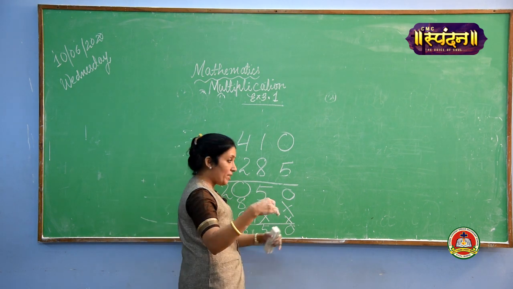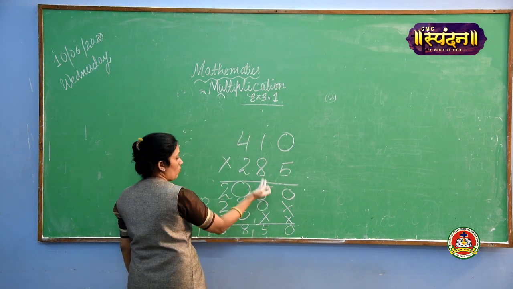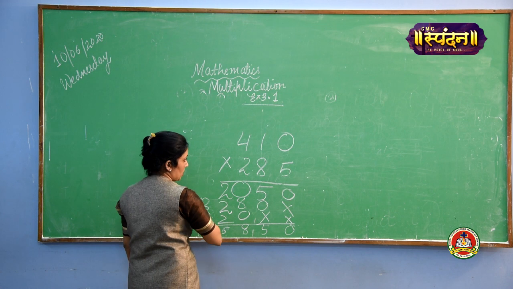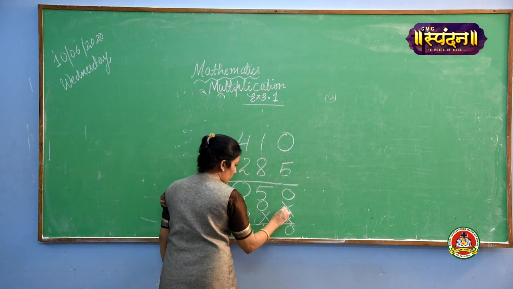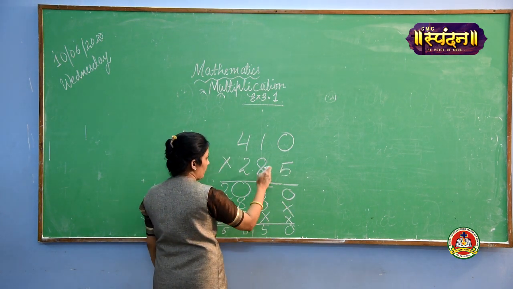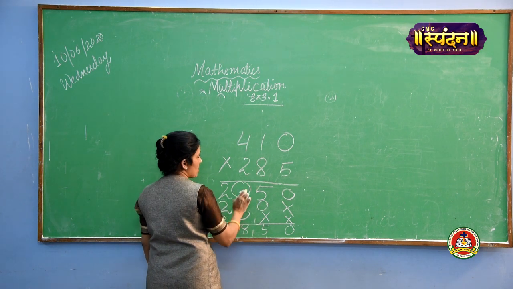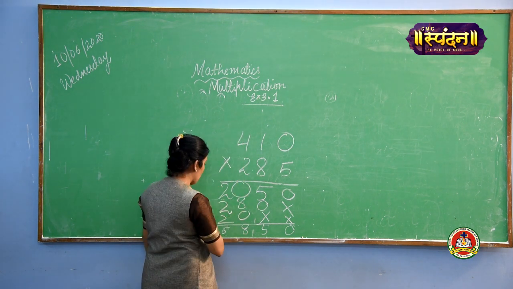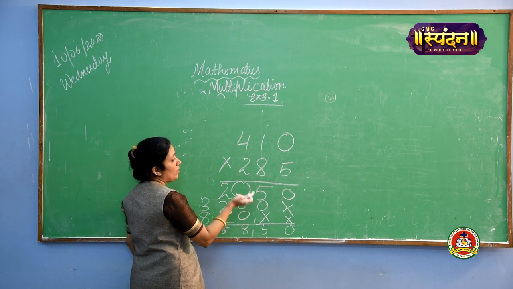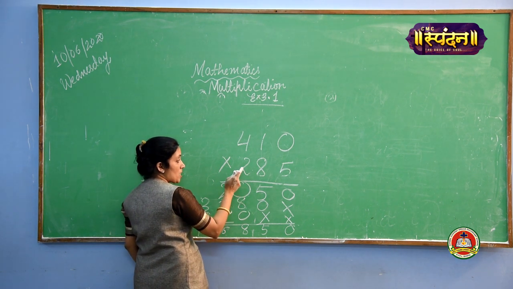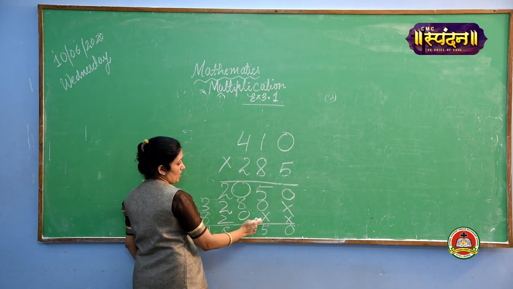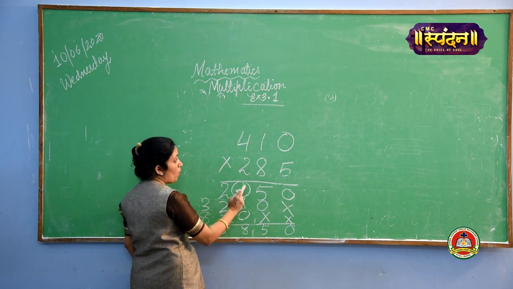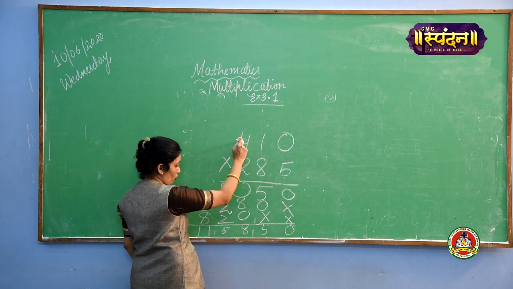Yes, again a quick recap. 0, 5, 20, then I have put a cross because this is over, then 8 zeros are 0, 8 ones are 8, 8 fours are 32. I have written 32 here, then again my digit is 2, so these two places are over. 2 zeros are 0, 2 ones are 2, 2 fours are 8.